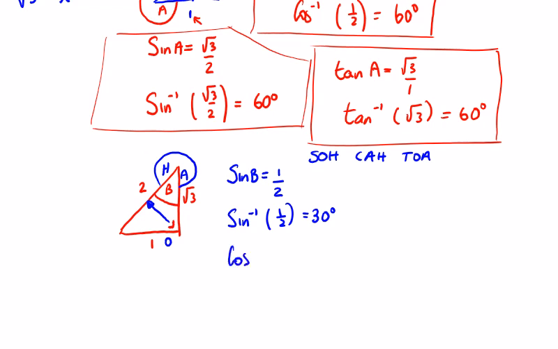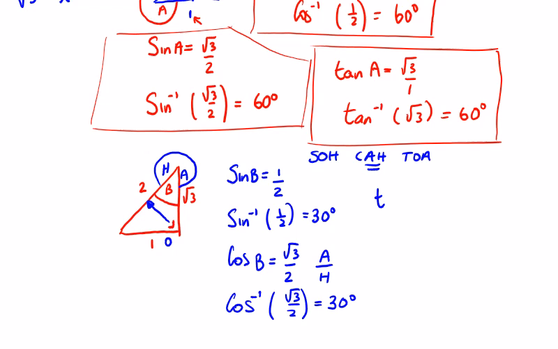The cos of B is equal to A over H. Now you could write A over H off to the side if you want to then sub your answers back in. A is root 3, H is 2, and if you type into your calculator the inverse cos of root 3 over 2, you have to get the same angle. We're dealing with the same angle, 30 degrees.